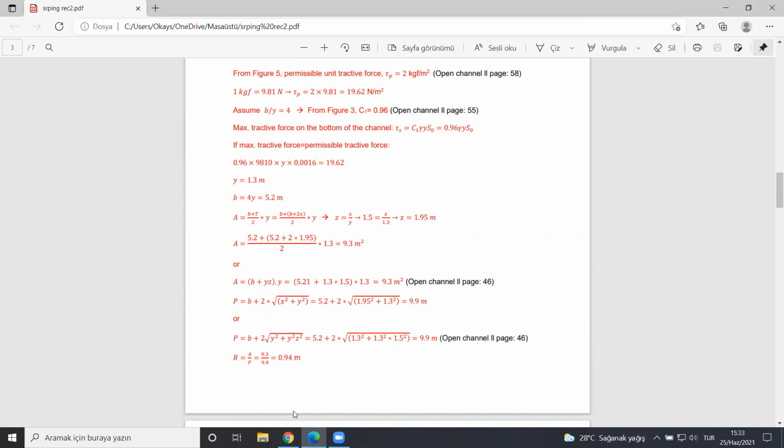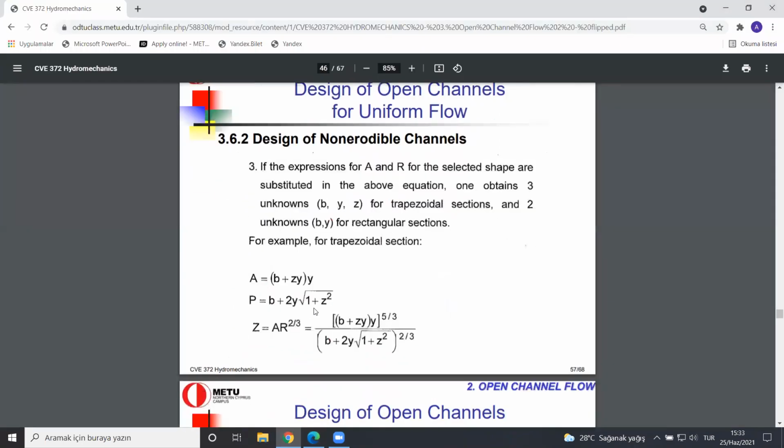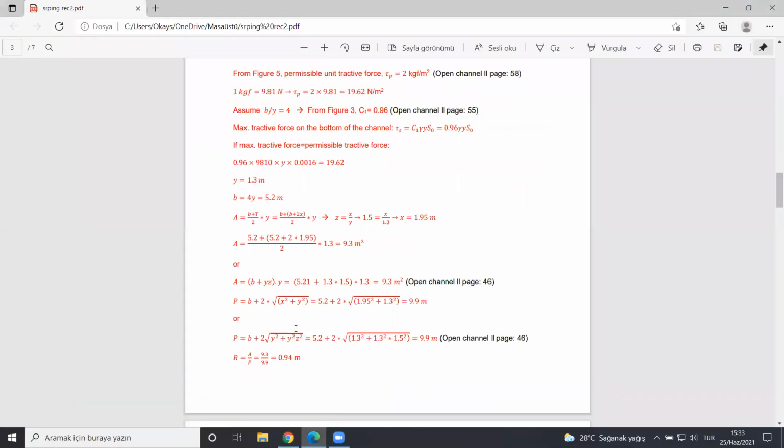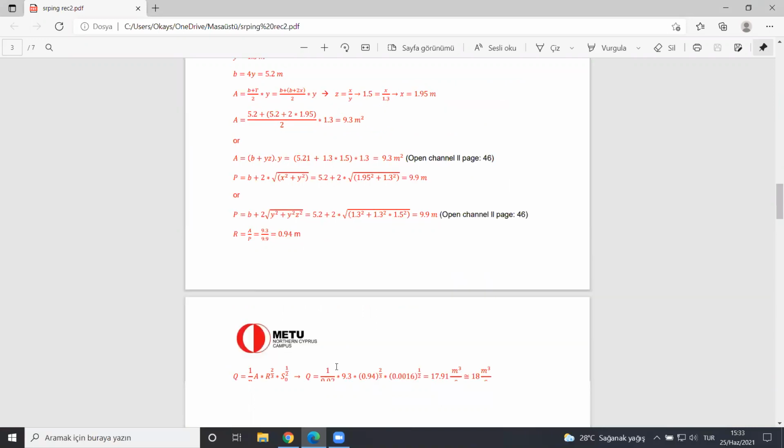Or again, there is an equation given for the trapezoidal sections. If you know this small z, you can use this direct equation as well to calculate the wetted perimeter. Once we find the cross-section area and P, we can calculate the R value. As I said, it is A divided by P. So 9.3 divided by 9.9 is 0.94 meters.